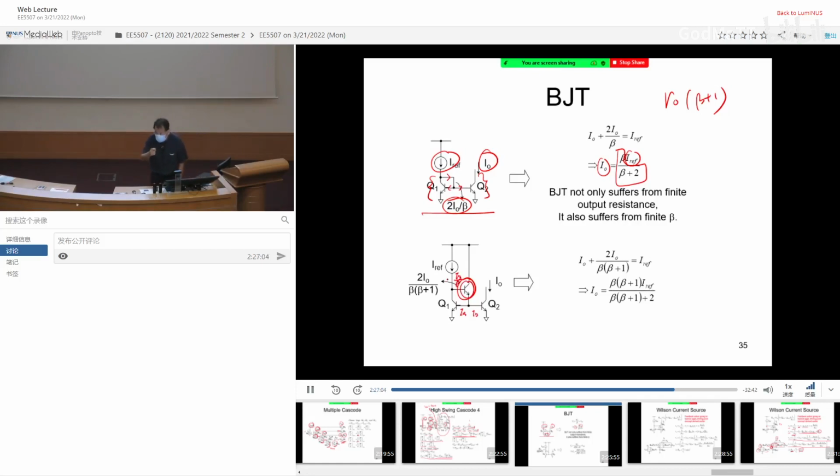So the amount of current drawn to supply Q1 and Q2 is smaller. Therefore you can see I0 and IREF are now closer because of this additional beta introduced. So more closely matched.